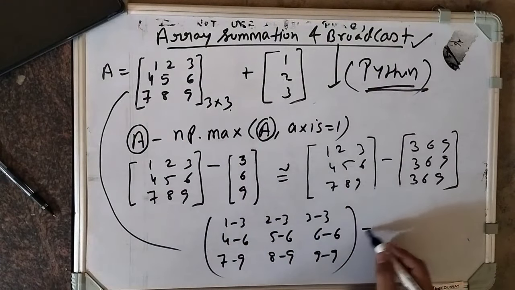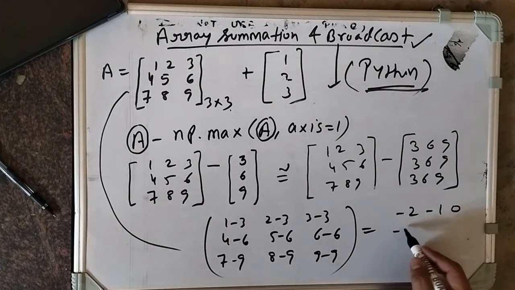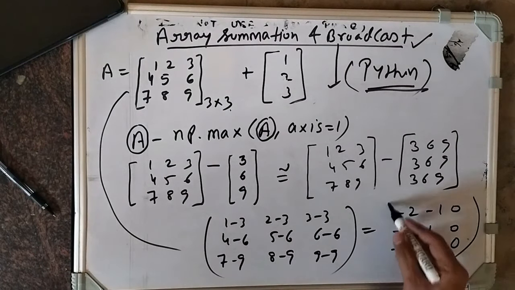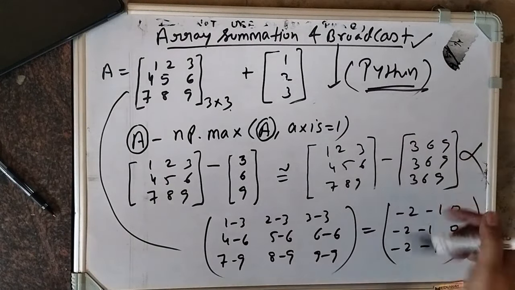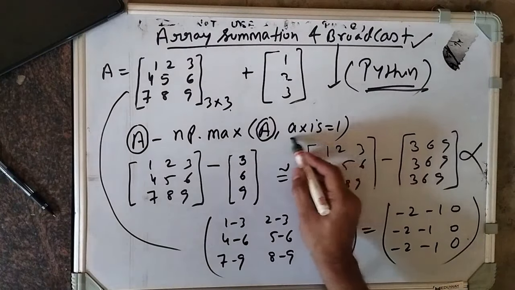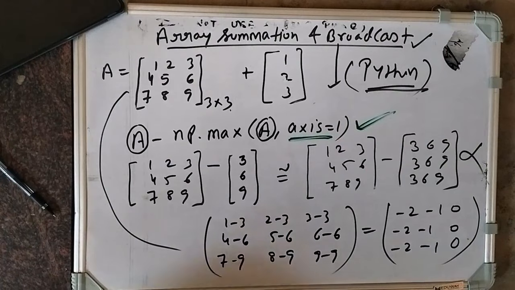So what is the answer? Your answer will be minus 2 minus 1 0, minus 2 minus 1 0, and minus 2 minus 1 0. This is the correct answer, but the computed answer is wrong, because the problem is you are not keeping the dimension. Because you are not keeping the dimension, this is wrong.